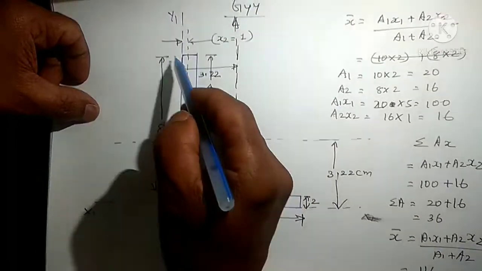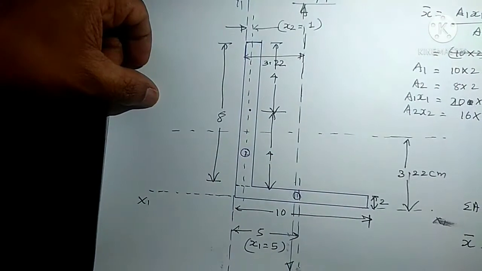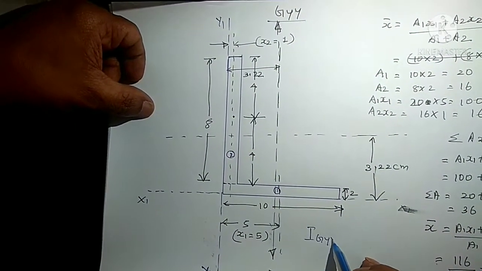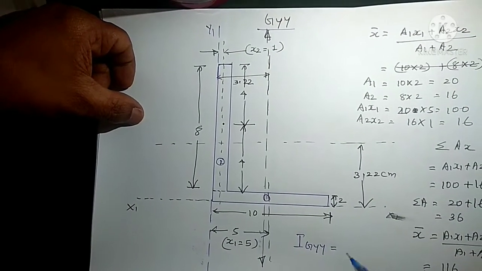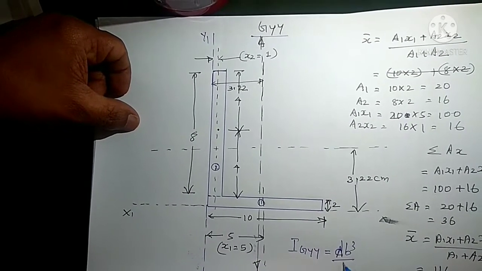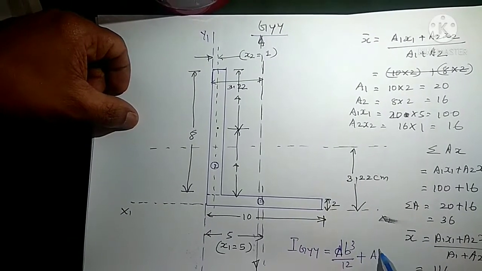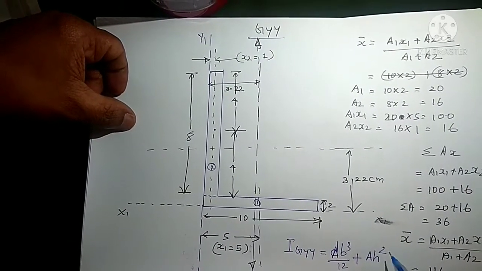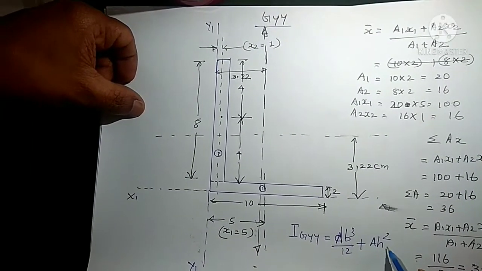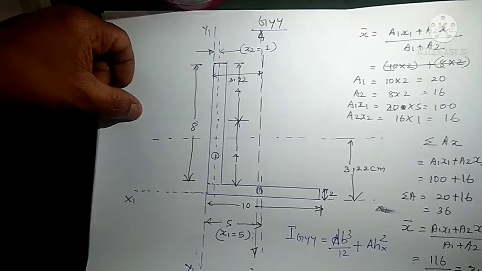Therefore, the moment of inertia of this whole area about the vertical centroidal axis YY can be represented as IGYY, which is equal to dB cube by 12 of the individual component plus AH square. In order to distinguish that H, I am putting it as AHX.